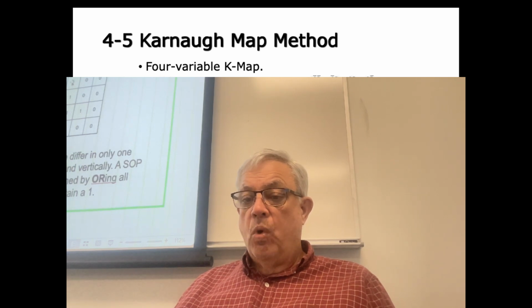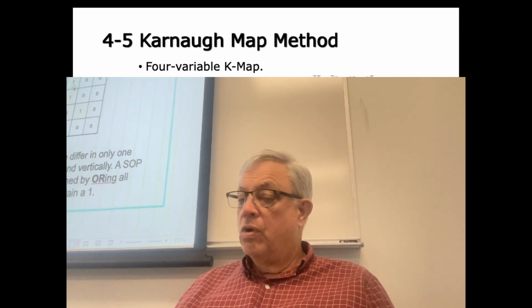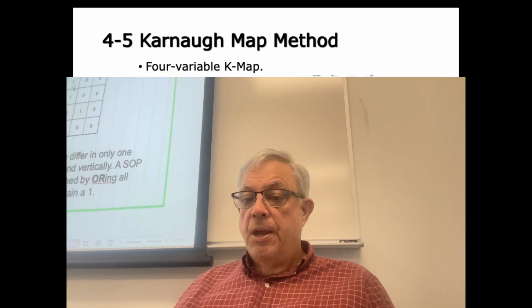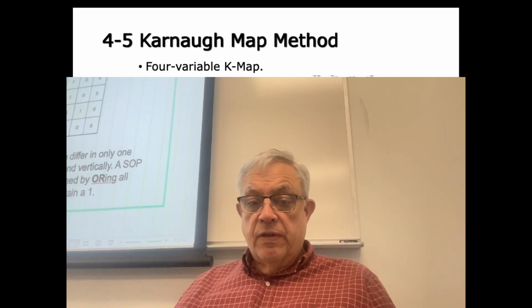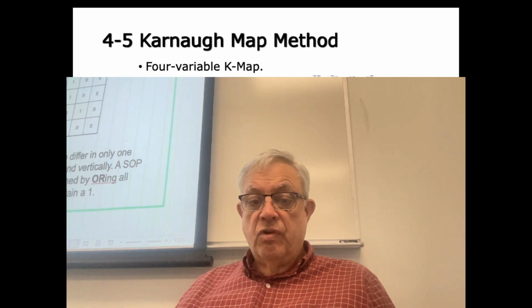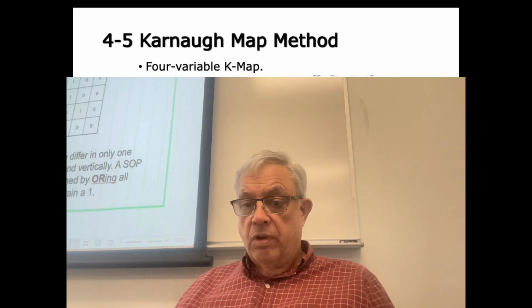That lets me put a 1 in this square. It corresponds to A being 0, B being 0, C being 0, and D being 1. So that's this term. Then I come down here to the next one. I've got A is a 0, B's a 1, C's a 0, D's a 1. So I've got a 0, 1. Okay, that's this row.